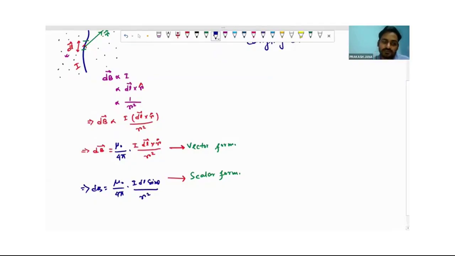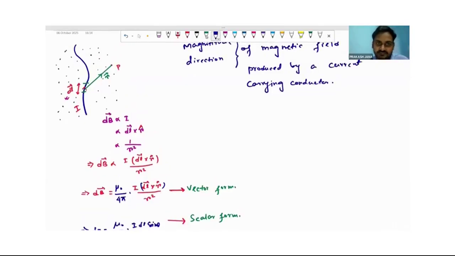Here we have only dl cross r. A cross b means a b sine theta, where theta is the angle between dl and r, isn't it? So let me draw here what r is. R is here. This is the angle between dl and r.